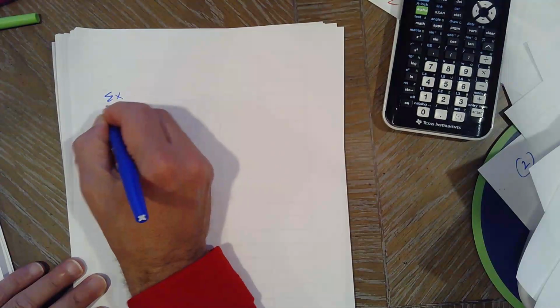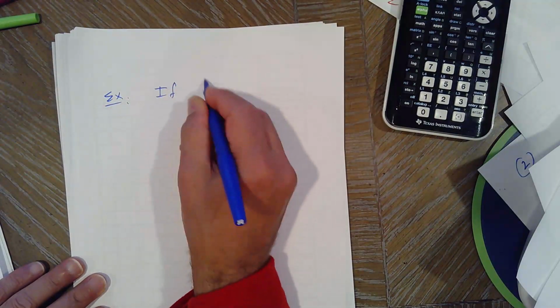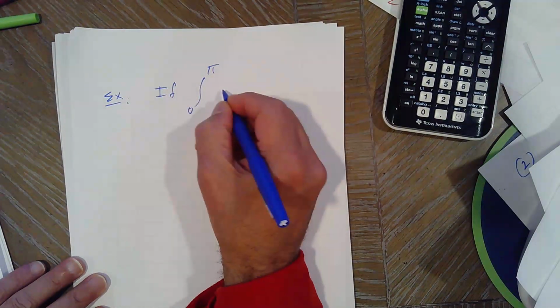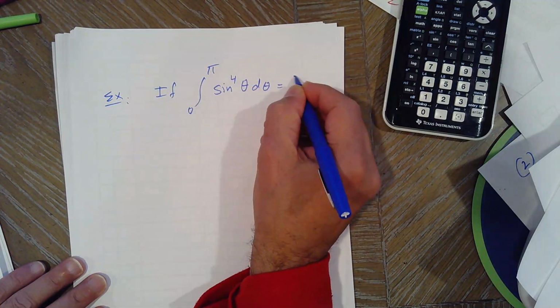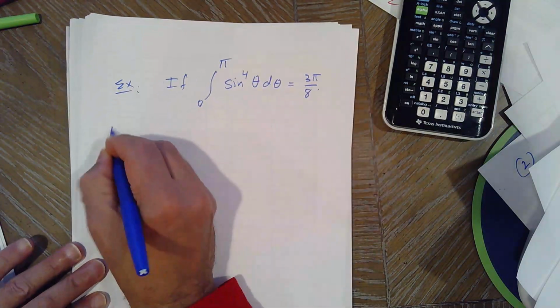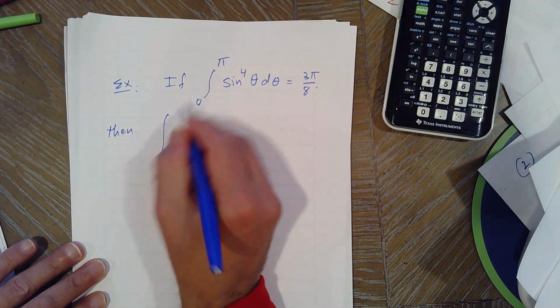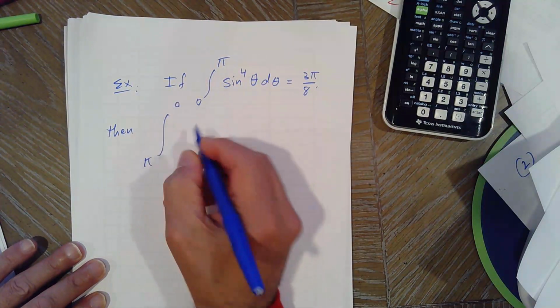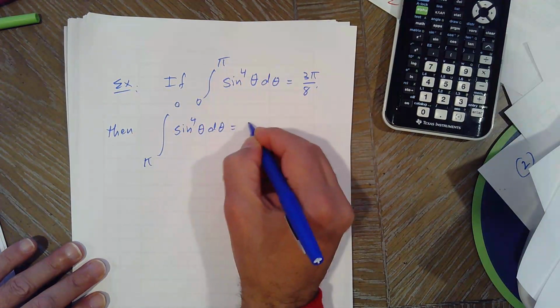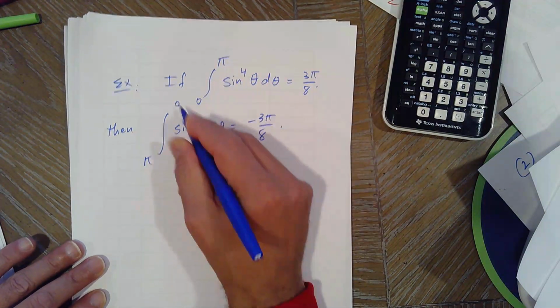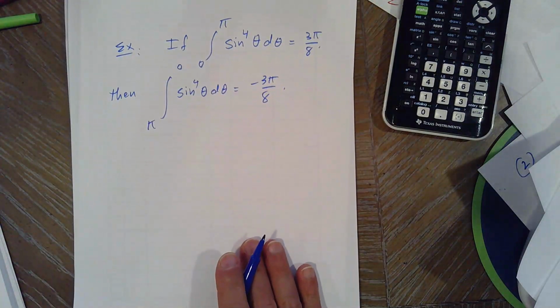So for example, if the integral from 0 to pi of sine to the fourth theta d theta is 3 pi over 8, then the integral from pi to 0 of sine to the fourth theta d theta is negative 3 pi over 8. Once you flip that, you get the opposite.